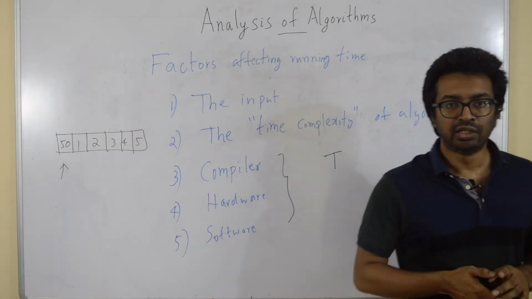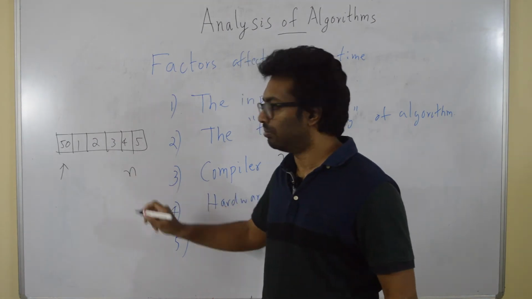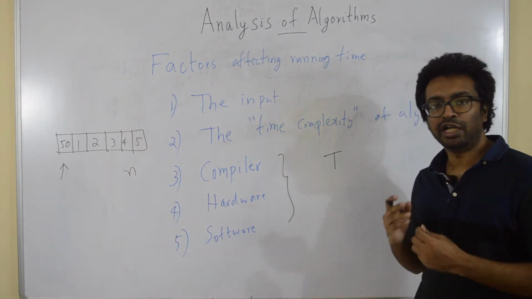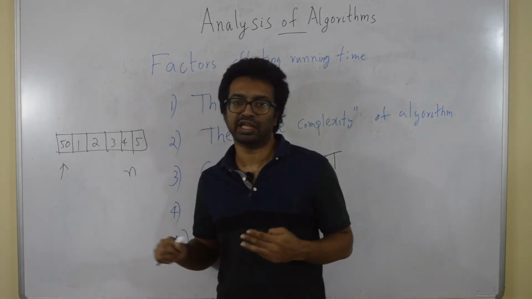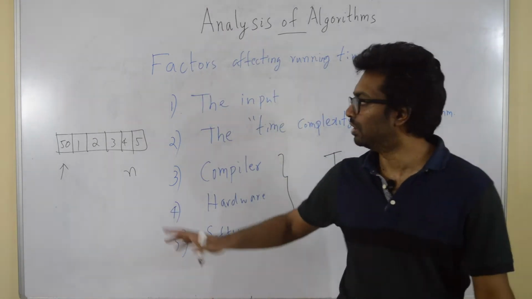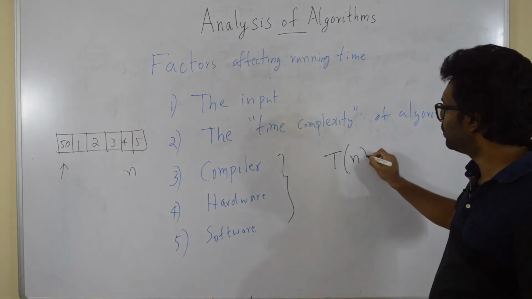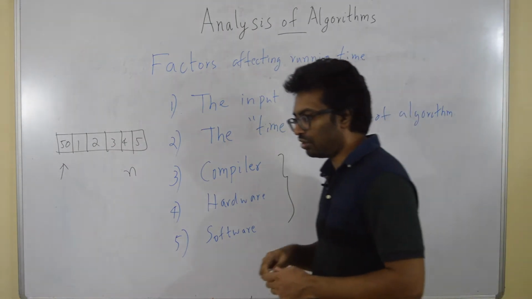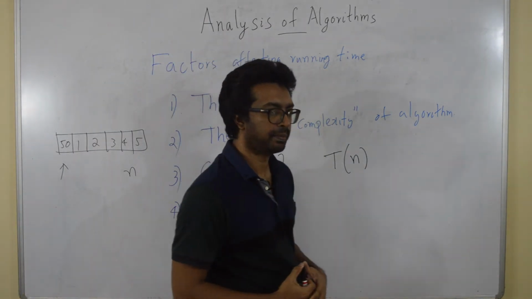So if there are n numbers, the running time of our algorithm is going to depend on this n, not on these numbers. So usually we will write T of n to denote the running time of your algorithm.